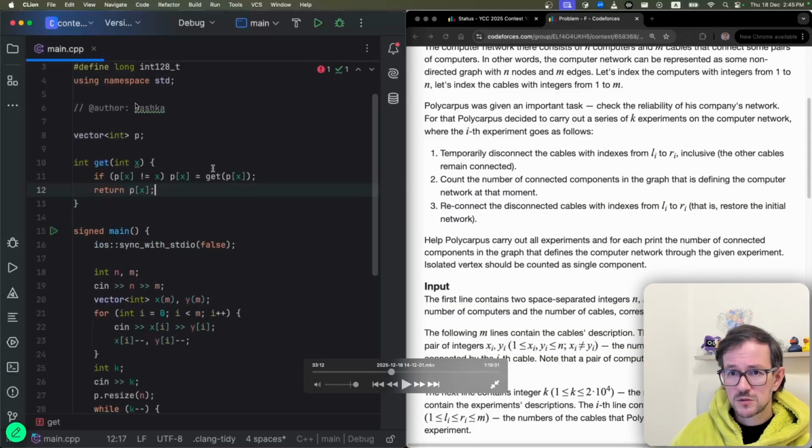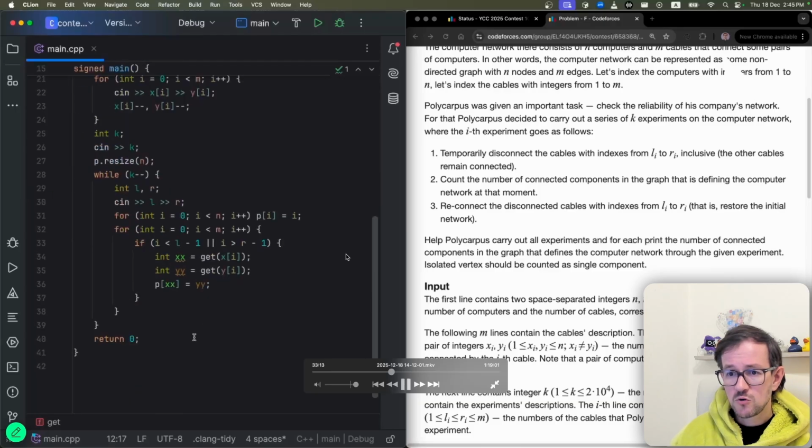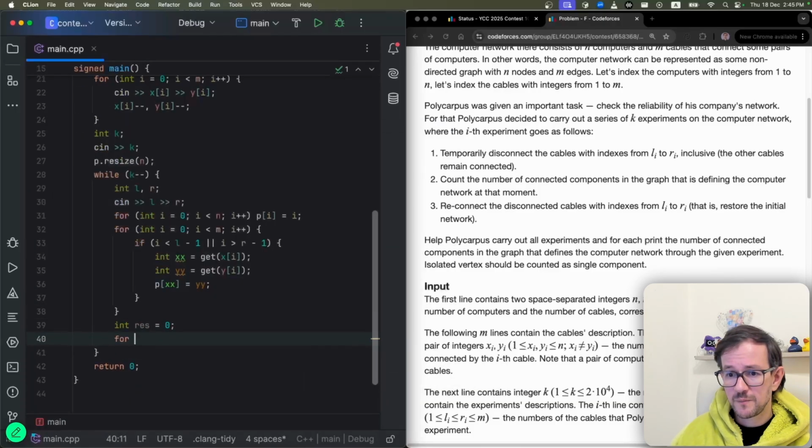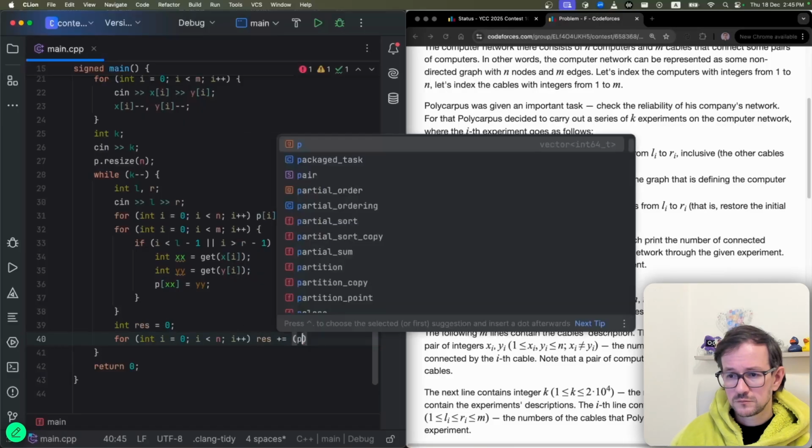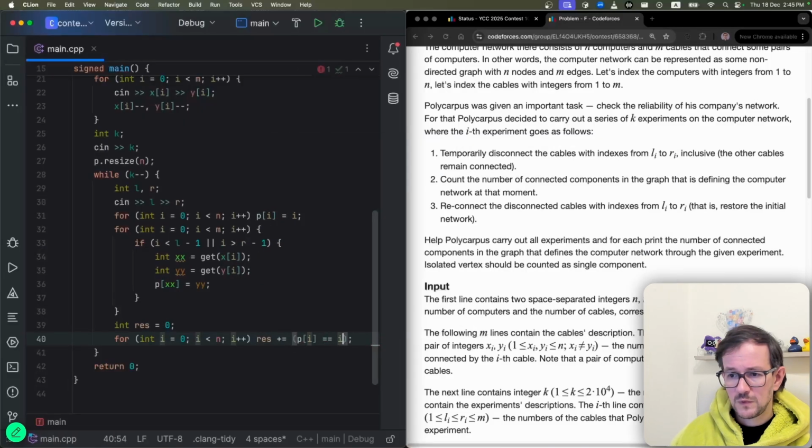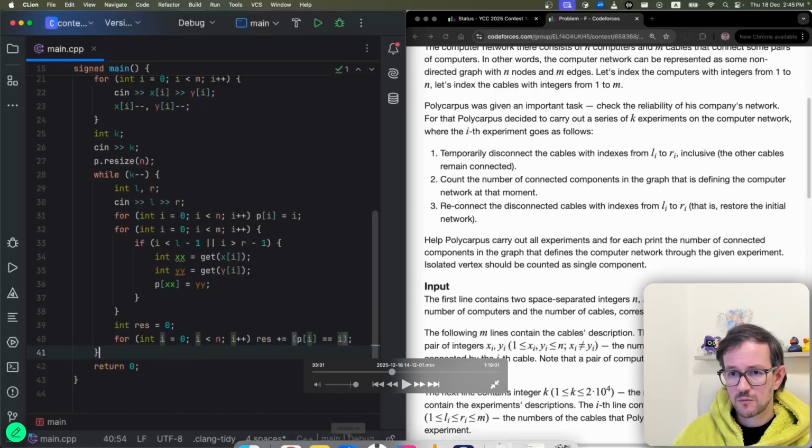So I just implement path compression and that's it, and usually it's fast enough for any problem. And here I calculate the number of components. If p of i equals i, it means it is a root of its component. So I calculate the number of roots in my structure, which is just the number of components. So I thought it would just work actually.